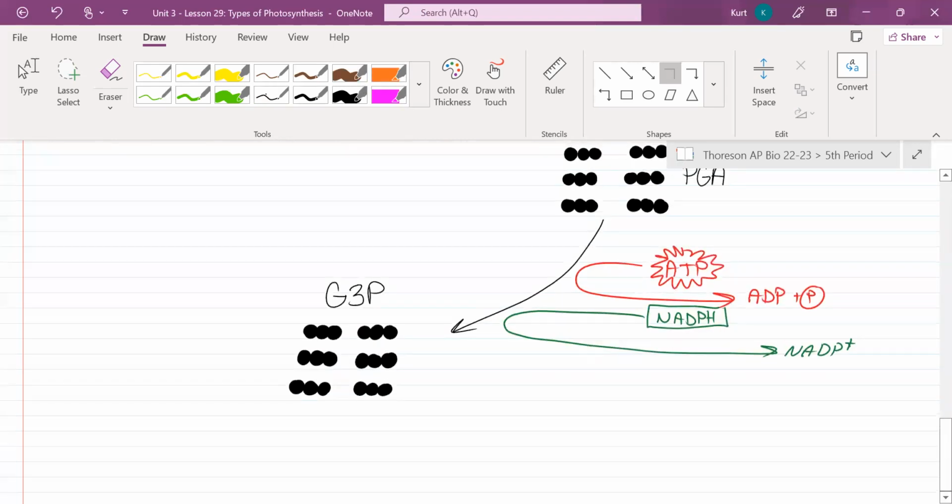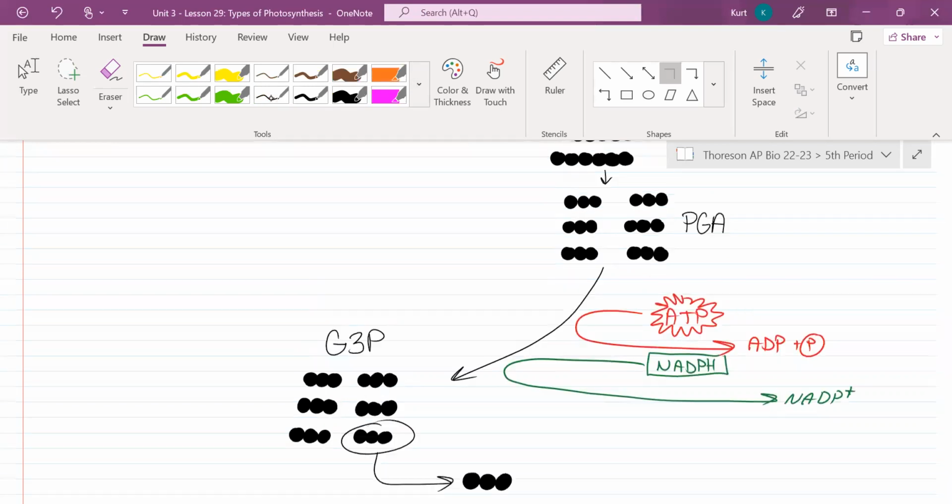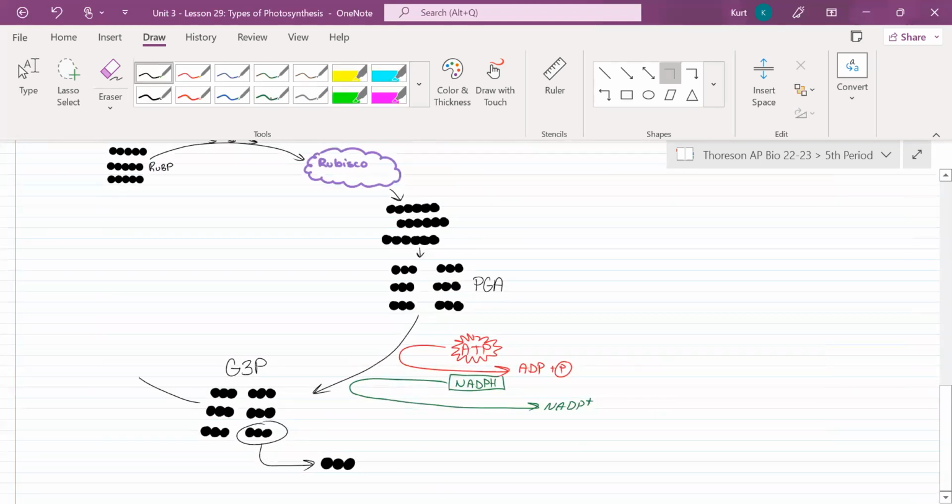How many G3Ps leave the Calvin cycle? And what will it contribute to make? Glucose. So how many times must you go through the Calvin cycle to make one glucose molecule? Twice. ATP will then interact with the 5 remaining G3Ps that are in the cycle and reshuffle them to form RuBP again.